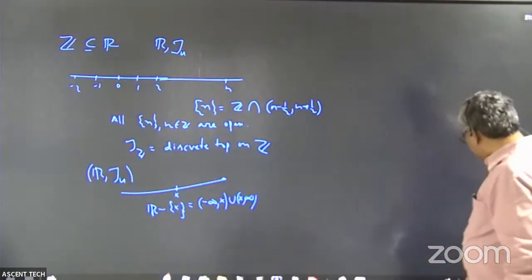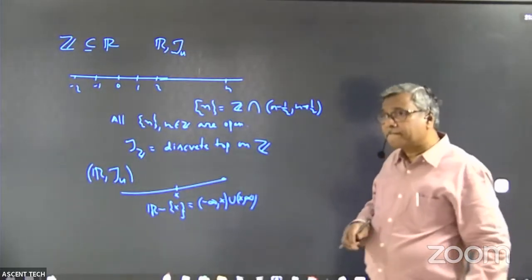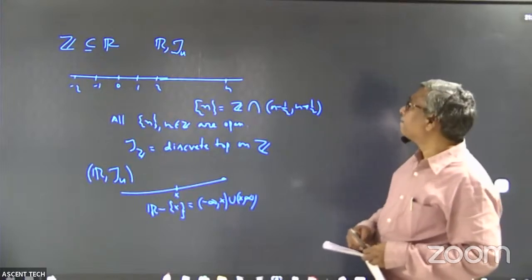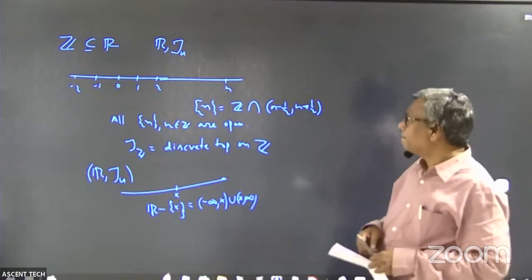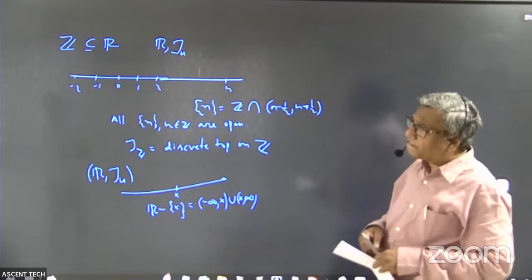One question I have: if the topology derived from Z, is there a way that we can map to a metric topology?